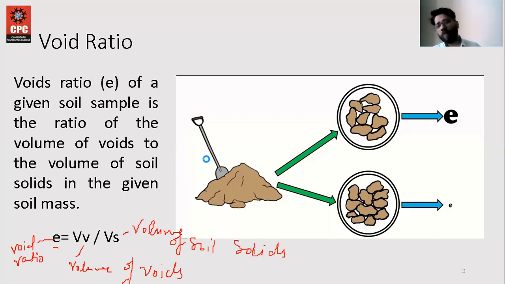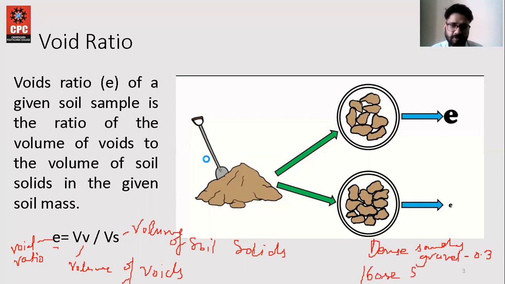The value of the void ratio depends upon the volumetric changes of the soil. The void ratio for a dense sandy gravel type of soil is about 0.3, and the void ratio of a loose sand is about 0.6.